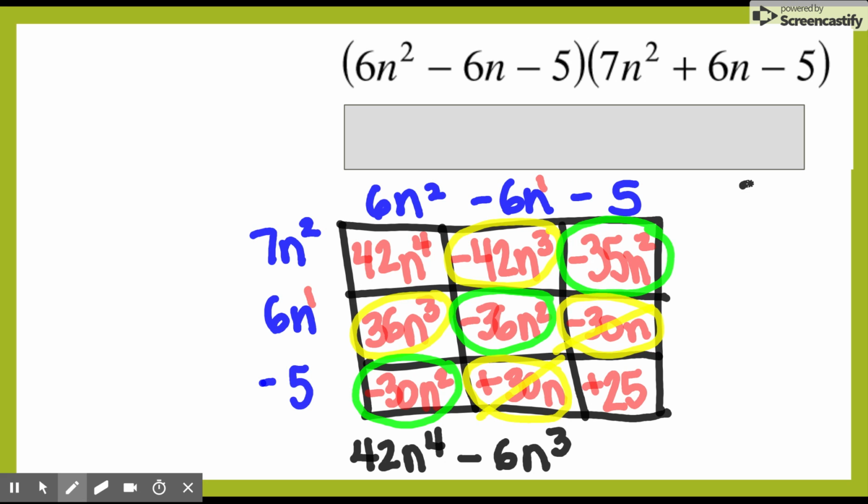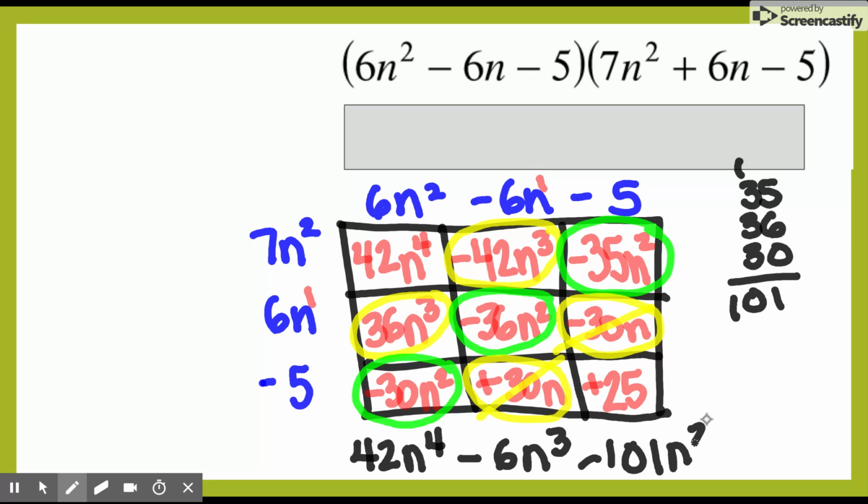So we're going to add all those together, 35, 36, and 30. So we have 11, 10, so a negative 101n squared. We've already canceled those out, so final term is positive 25.